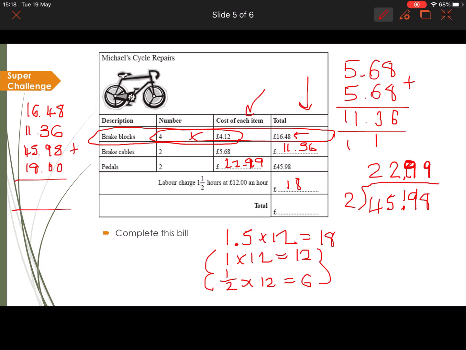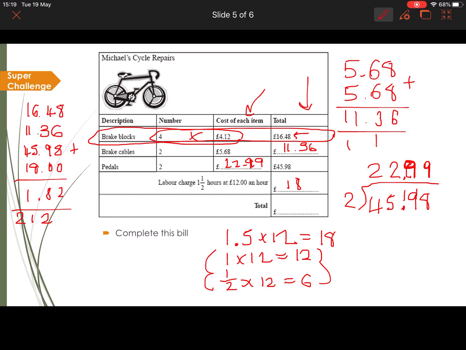8 plus 8 is 16, plus 6 is 22, carry the 2. 4 plus 3 is 7, and 7 plus 9 is 16, plus the 2 I carried is 18. Don't forget my decimal. 6 plus 1 is 7, plus 5 is 12, plus 8 is 20, plus the 1 I carried is 21.